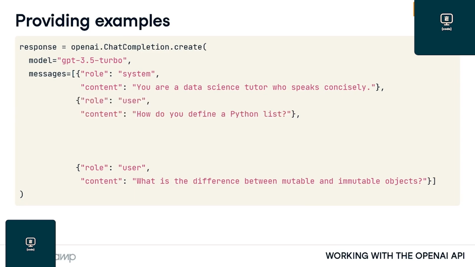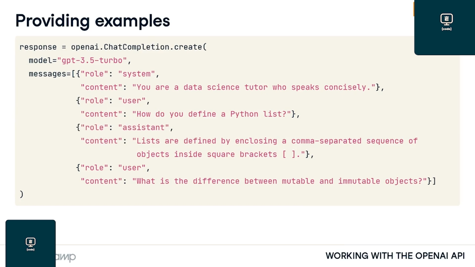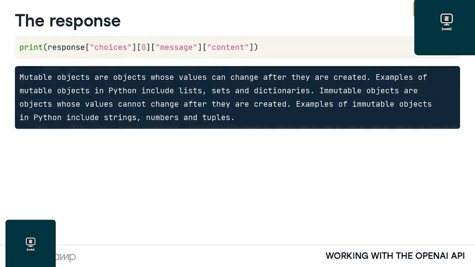We add a user message containing a question on a similar topic, and a response that we consider ideally written for our use case. The model now not only has its pre-existing understanding, but also a working example to guide its response. With an example to work with, the assistant provides a succinct and accurate response that's more in line with our expectations.